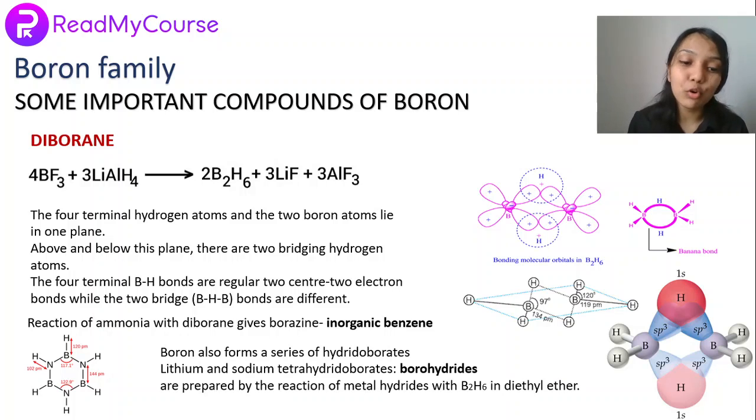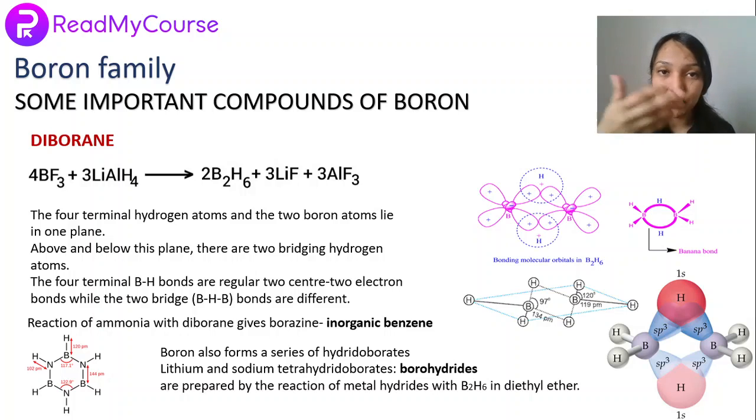Fine. And boron also forms a series of hydridoborates. Boron not only forms inorganic benzene, that is borazine, it also forms a series of hydridoborates. Lithium and sodium tetrahydridoborates are also known as borohydrides.